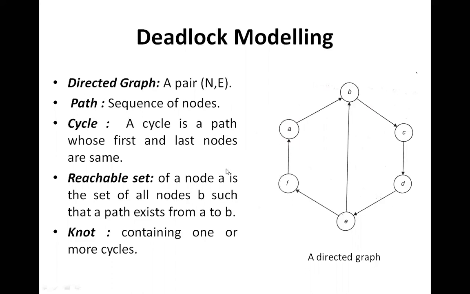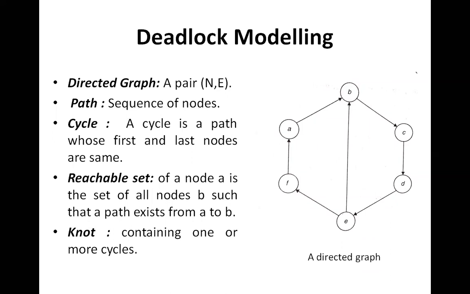As I told you, this particular directed graph has two cycles. One is A, B, C, D, E, F, A. Another cycle is B, C, D, E, B. So there are two cycles in this graph.